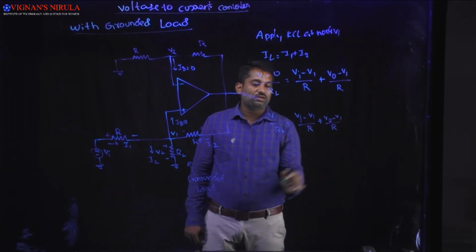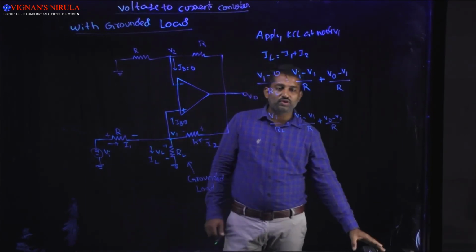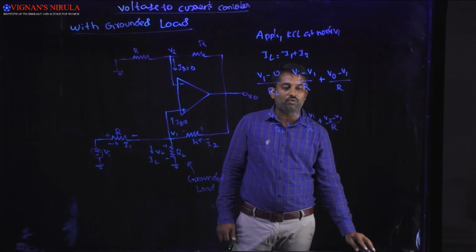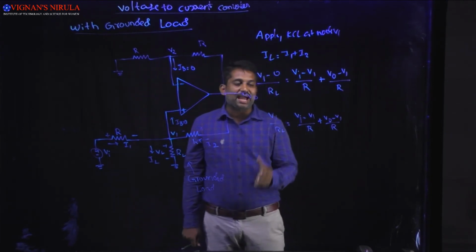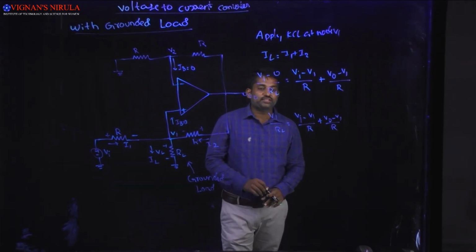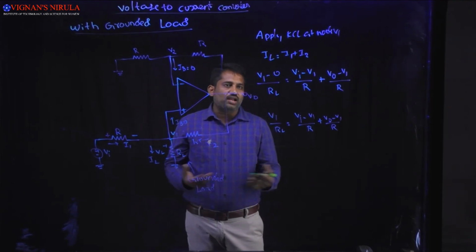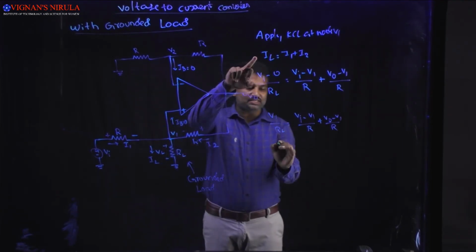Next, we can calculate the output voltage V0. We can easily calculate it. V1 divided by RL we also call IL.